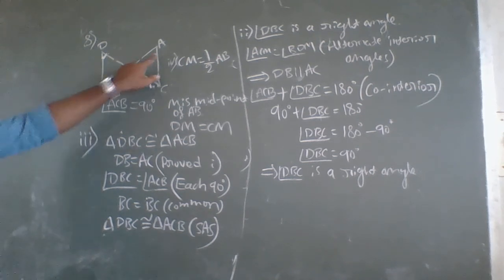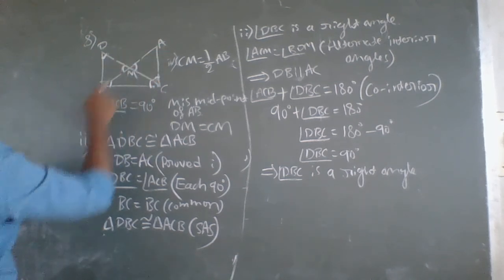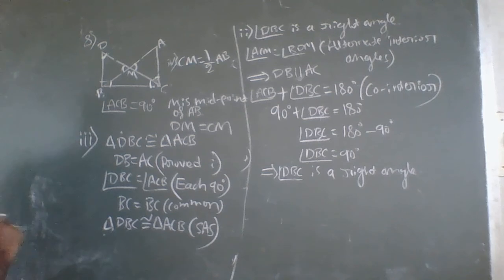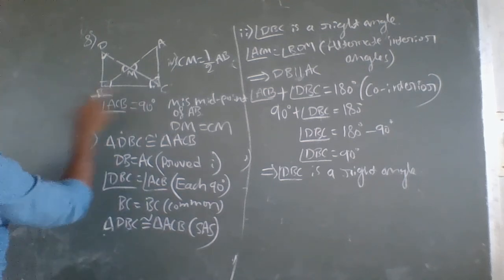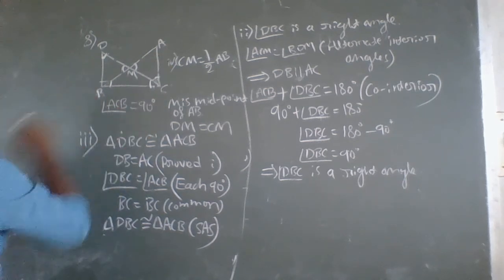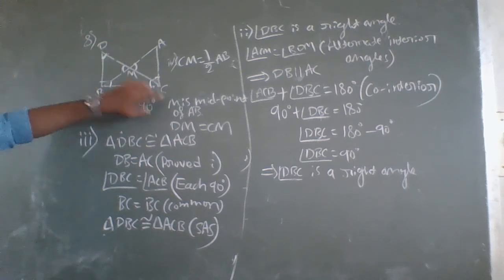Why? These two sides, AB and DC, are corresponding sides of triangle DBC and triangle ACB. Therefore, AB is equal to DC.